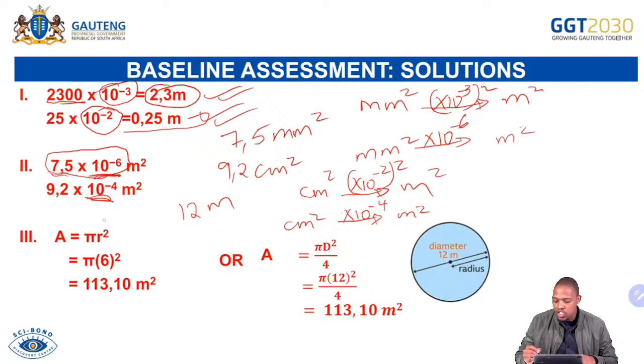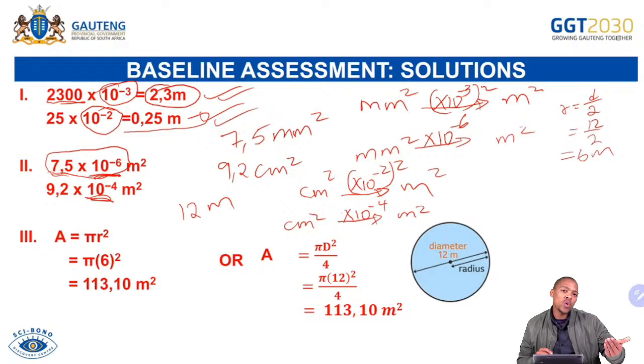We remember the relationship between the radius and the diameter, all right? The radius is always the diameter over 2, or half of the diameter. Okay, so if our diameter was 12, over 2 gives us what? 6 meters. Luckily for us, it was already given in meters, so that means we don't need to convert it.